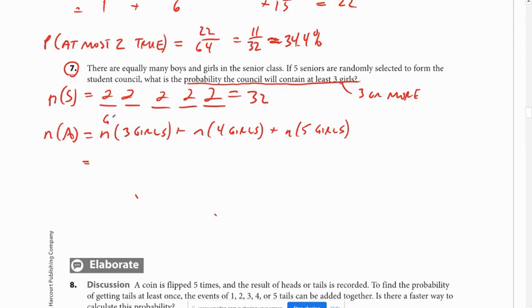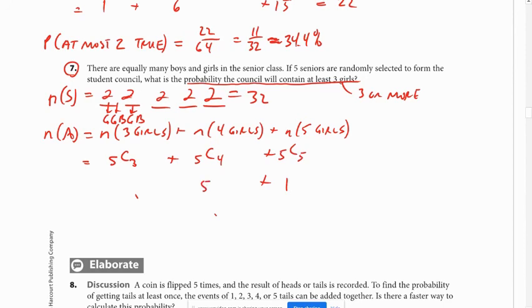That would be girl, girl, boy, girl, boy. Okay, so out of the 5 spaces, we're choosing which 3 are going to be the G's. And so that is 5 choose 3. And then for 4 girls, that would be 5 choose 4. And for 5 girls, that would be 5 choose 5, which is just 1. This is 5.